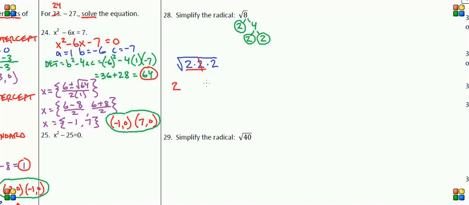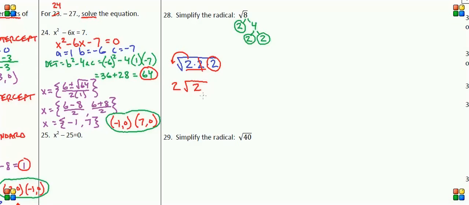So this 2 goes away, and now we end up with 2 on the outside of the prison. So 2 got out. The second 2 in the pair of 2's is crossed off, and we're still left with one 2 inside jail without a partner. And there is the simplification of the square root of 8: 2 times the square root of 2.